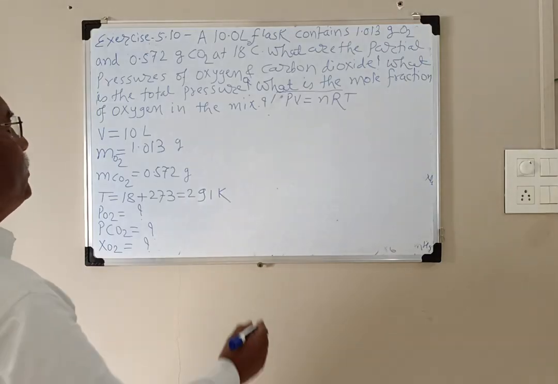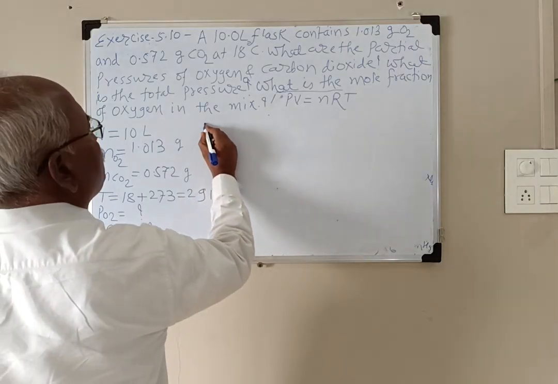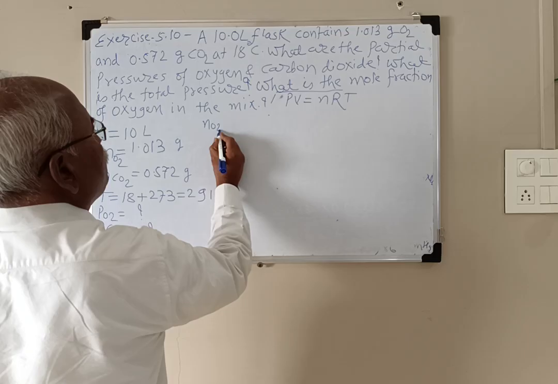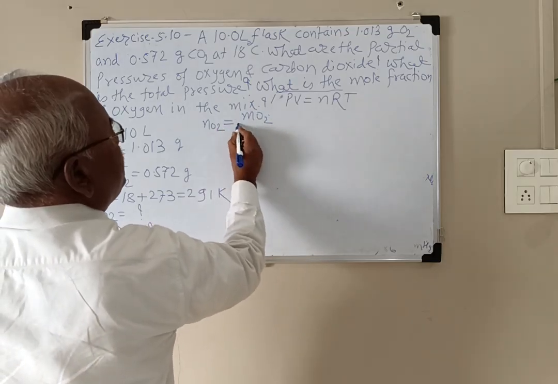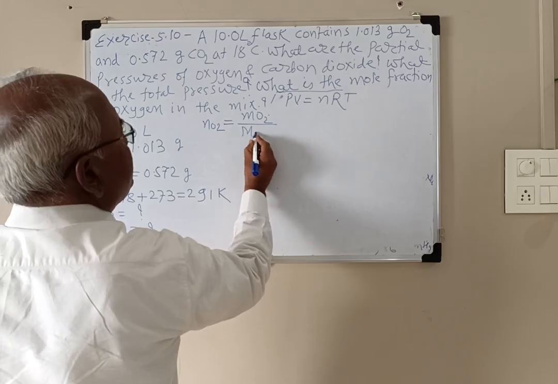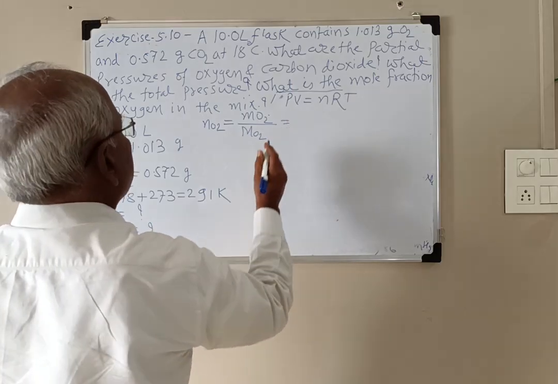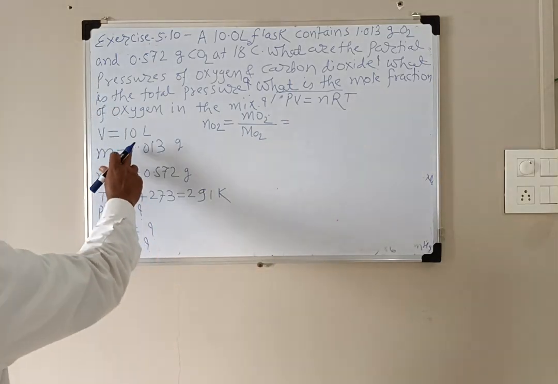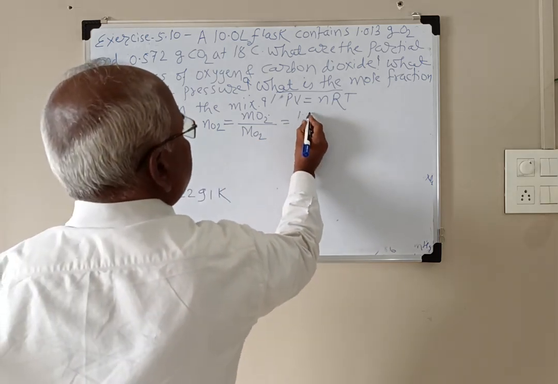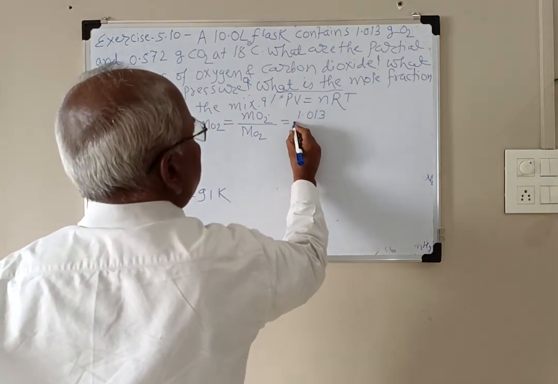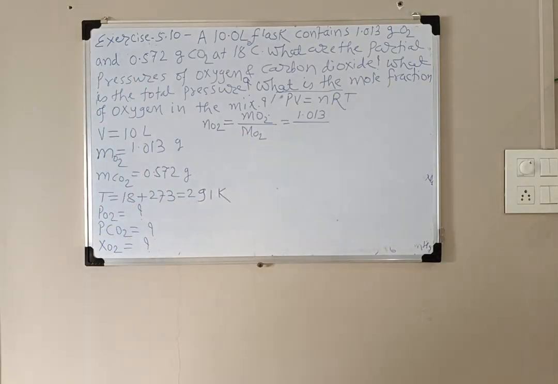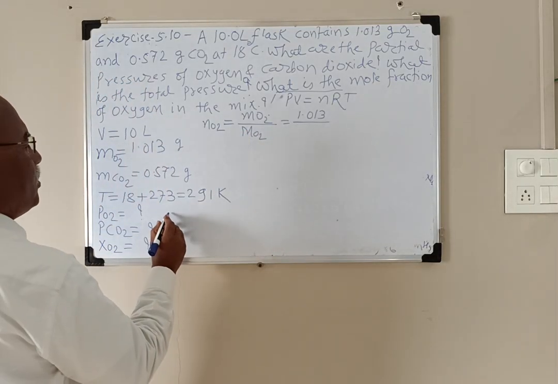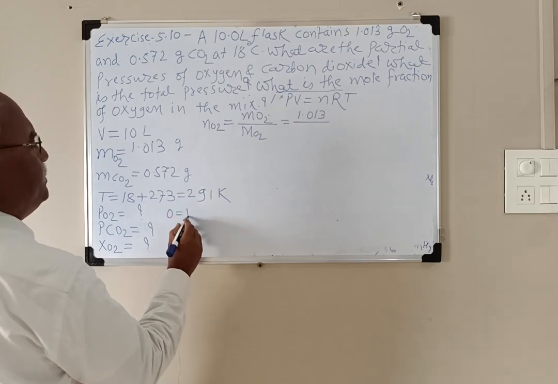So, first calculate moles of O2. N of O2 is equal to mass of O2 divided by molecular weight of O2, that is equal to mass of O2 is 1.013. Calculate molecular weight. You know atomic weight of oxygen is 16.